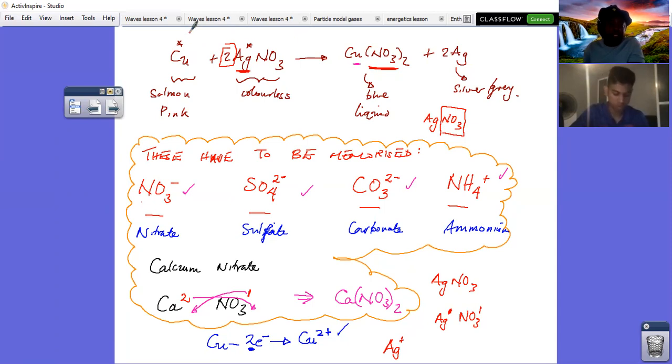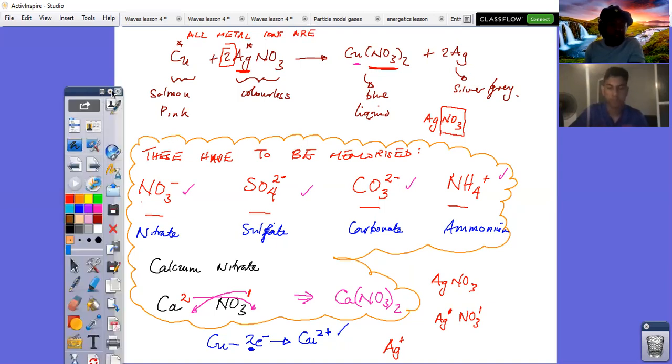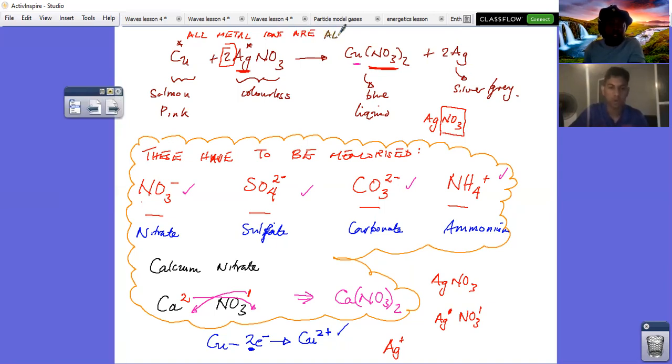All metal ions, as long as it's a metal ion, are always positively charged. I'll put a little point here for you to remember as well: all metal ions are always positively charged, there's no exception to that. And all non-metal ions are always negatively charged.